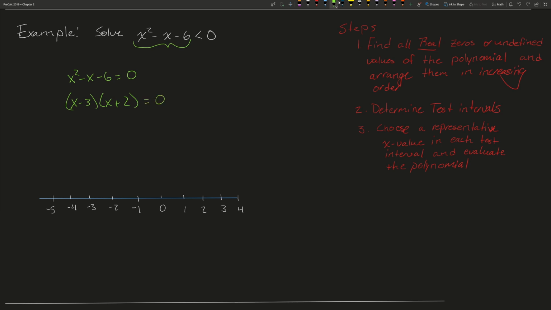Then we can set each of these factors equal to 0 and solve. Then we need to determine our test intervals. So our test interval is everything to the right of 3, everything to the left of -2, and everything between -2 and +3.